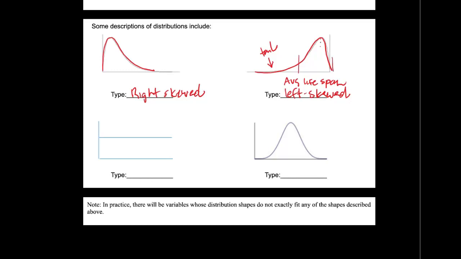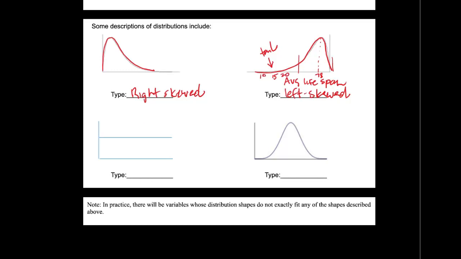Like the peak here, the average lifespan, at least in the US, is somewhere around 78 or 80, depending on whether it's a man or a woman. But most of the population will be over here on the right-hand side, on either side of 78. There are going to be fewer people with a very small lifespan, like 10, 15, 20 years. That would be an example of a left skewed distribution.